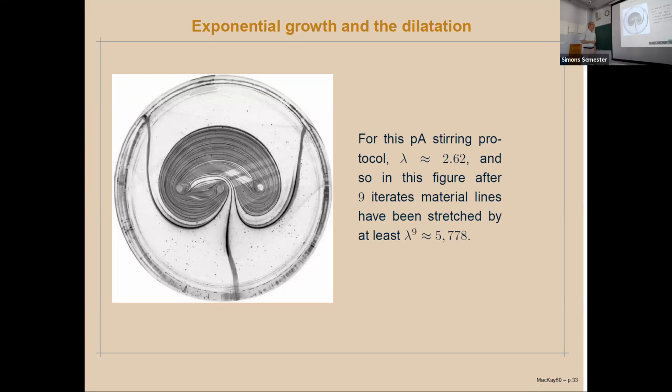So it means that if we could measure the length of these, if they originally were a centimeter, now they're about 6,000 centimeters long. Of course, diffusion has taken place, which is the point of the mixing. But that shows you a picture of this exponential growth rate.